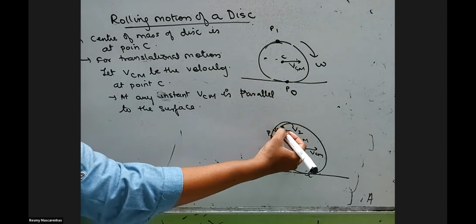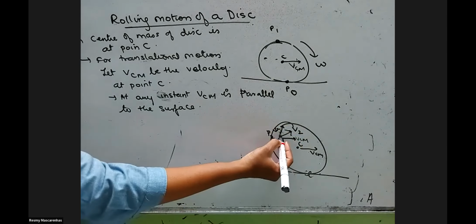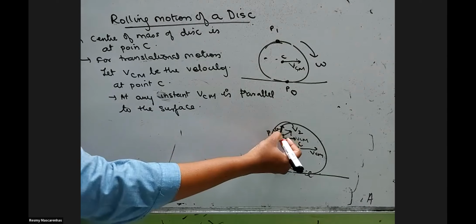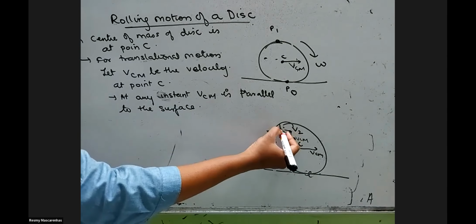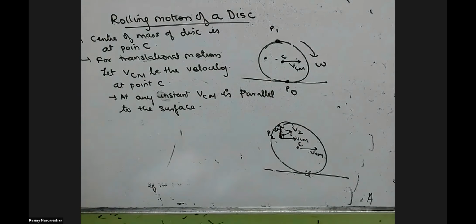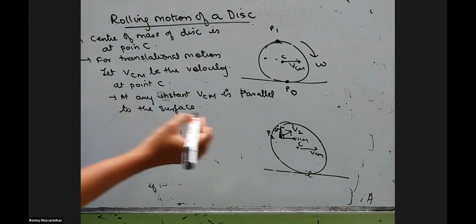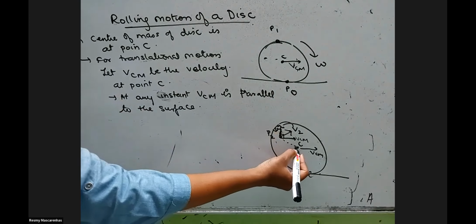Name this VR, and this will always be 90°. I have not drawn it properly; this should look like 90°. So this is the horizontal component and this is the vertical component. This is the distance r2 from here.